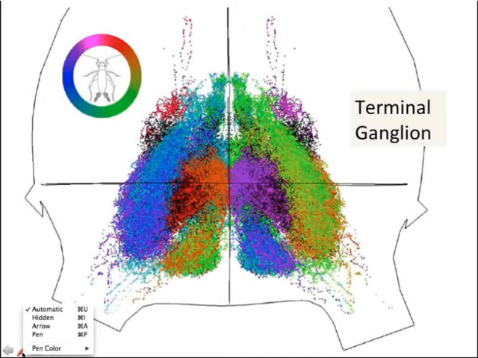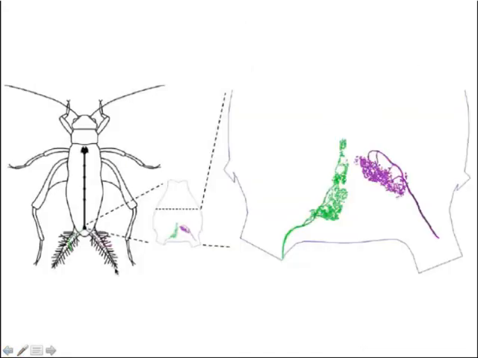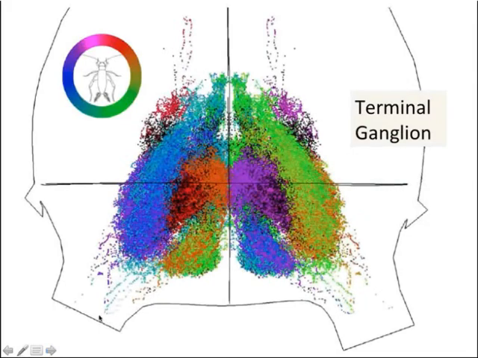So here is a picture of a whole bunch of these tree-like structures creating this terminal ganglion, this very dense nerve region. You'll notice that it is color-coded.